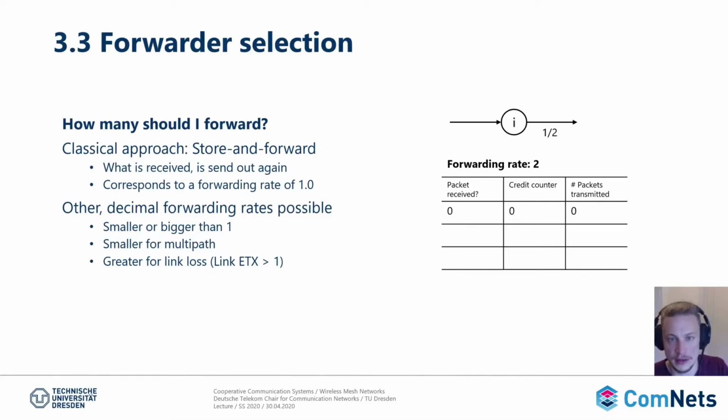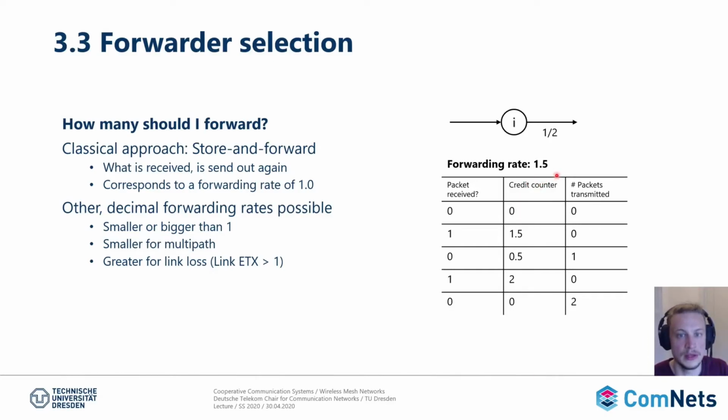So I have a small event table here where we see that if a packet is received, the credit counter is incremented by the forwarding rate, so it's 2 now. And as a consequence, the node transmits 2 packets, decrementing the credit counter by the number of packets it has transmitted. So these forwarding rates can also be decimal.